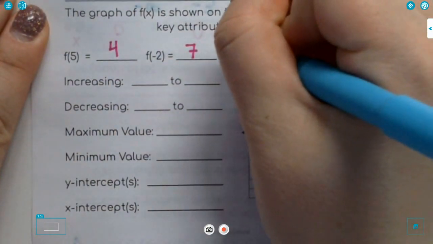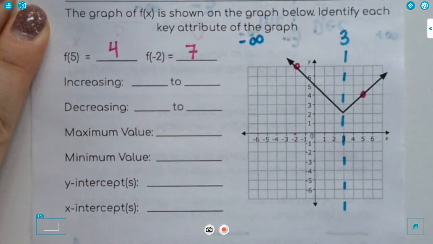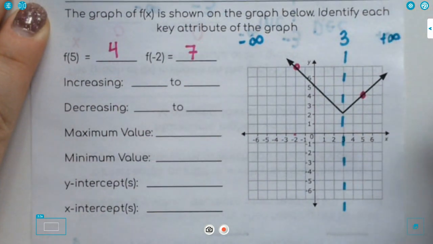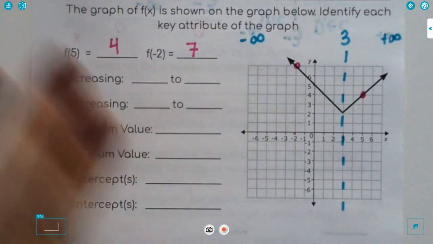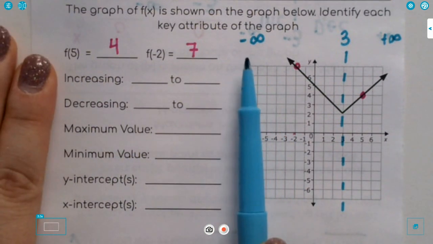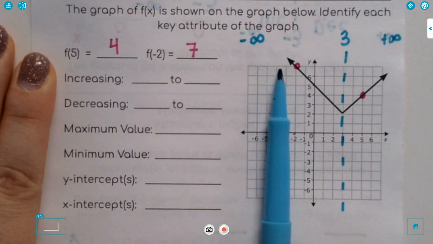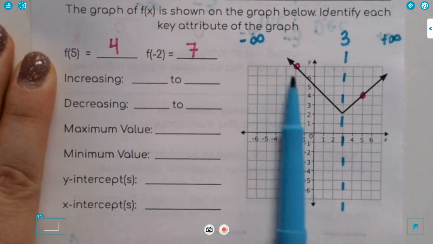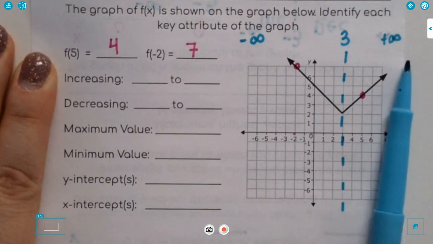We've got negative infinity on the left, positive infinity on the right. As we start on the left here, is my graph going down or up? Down. So my graph starts by going down, then it goes up.